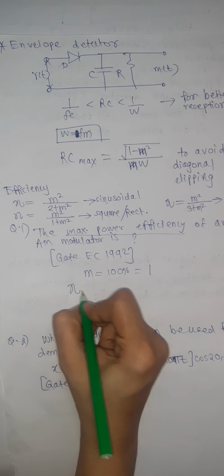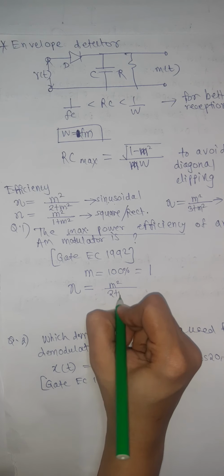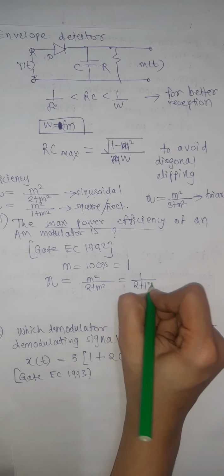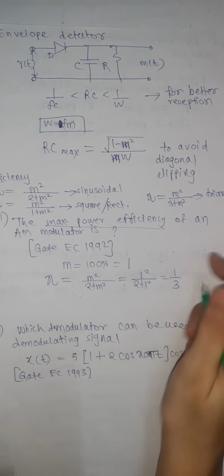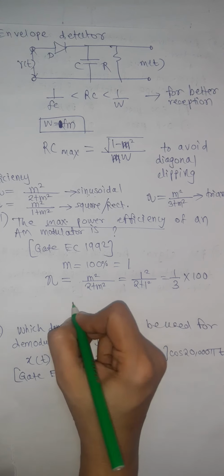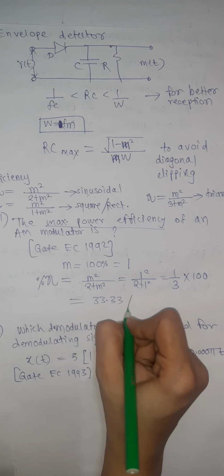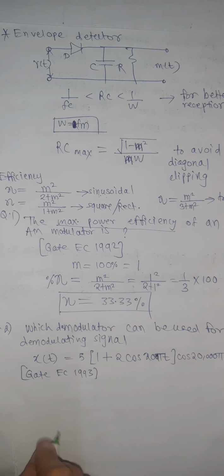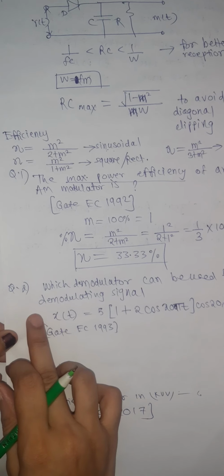So power efficiency eta is equal to m² divided by (2 + m²), which is 1² divided by (2 + 1²), equal to 1/3, and in percentage it is 1/3 times 100, so it will be 33.33%. So the efficiency of the signal is 33.33%.